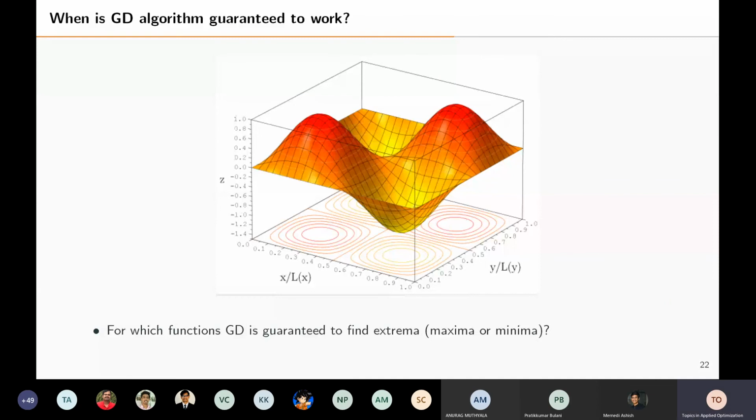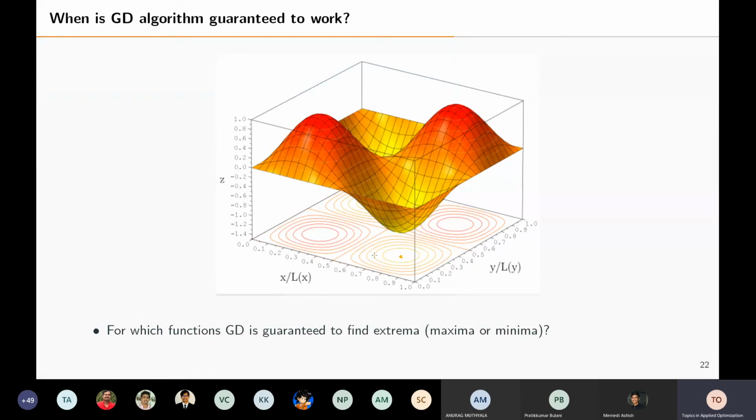So now your question is for which functions gradient descent is guaranteed to find extrema. Okay, so remember a function can be very general or oscillatory or something like this, right? And the problem in this type of function is that there are multiple local minima and maxima.